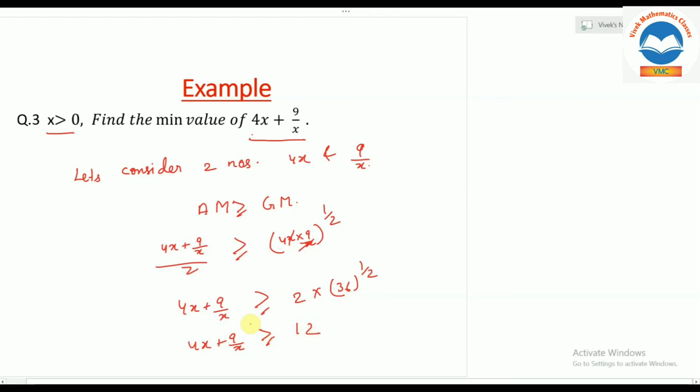So this 4x plus 9 by x value will be either greater than 12 or equal to 12. They are asking the minimum value of this. The minimum value will be 12 because this value will be either equal to 12 or more than 12. So the minimum of this 4x plus 9 by x will be 12.